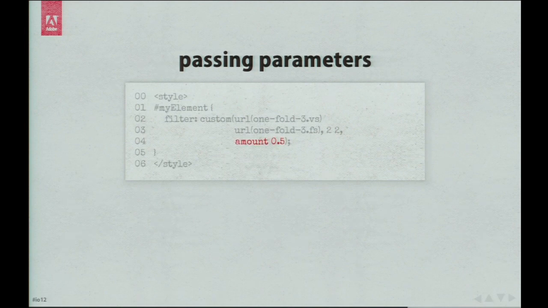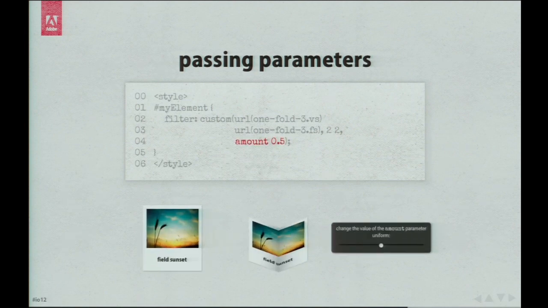I mentioned earlier that passing parameters was a useful and powerful feature in shaders. So here we have the same shaders we had in the previous example, the fold vertex shader and the fragment shader. But I'm now passing a parameter that controls the amount of folding I do.